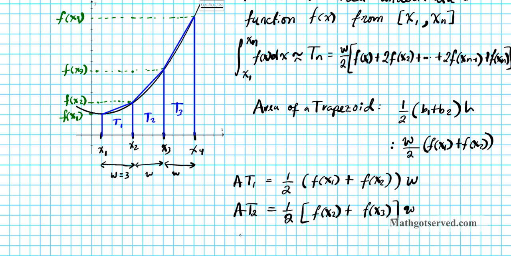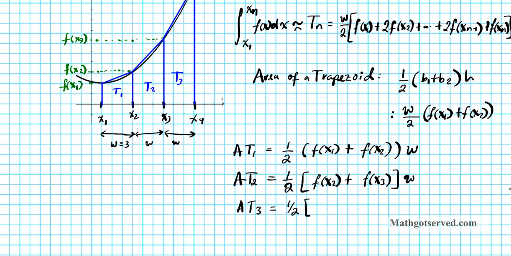Okay, and then area of trapezoid 3, can you tell what that is? It's going to be 1/2 times, where we stopped in the other one, f of x3 plus f of x4 times the height, which is w.